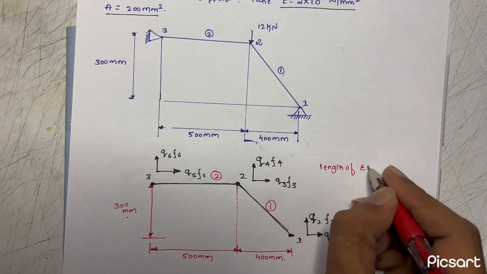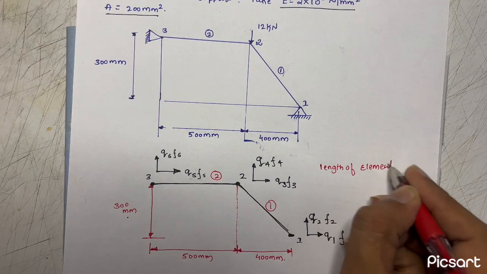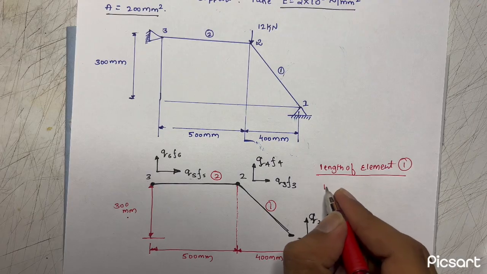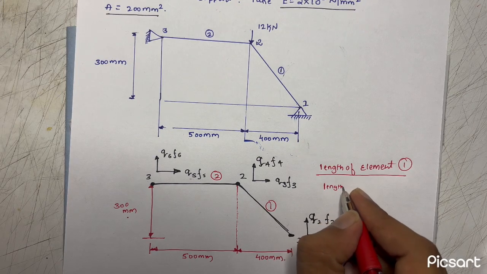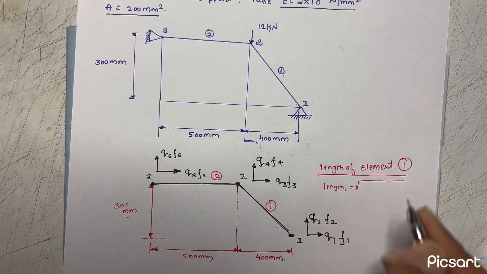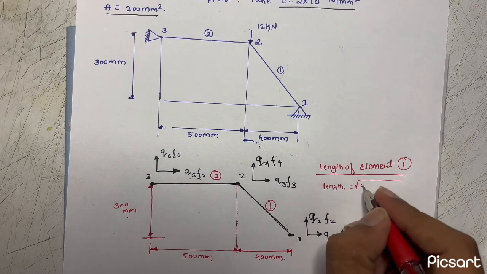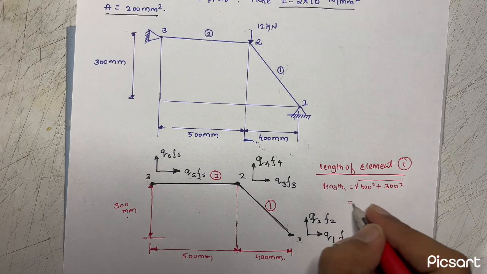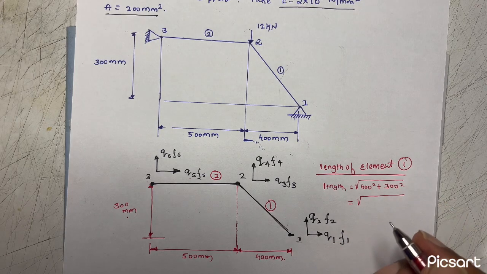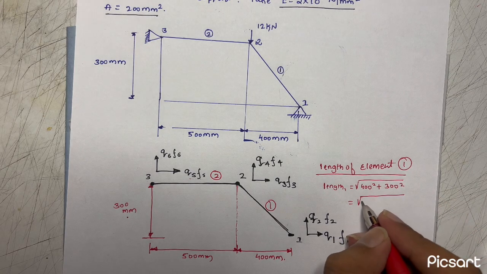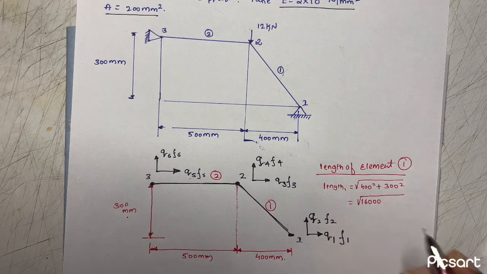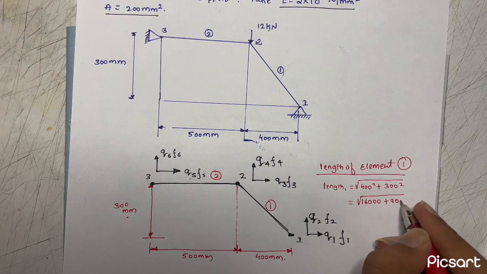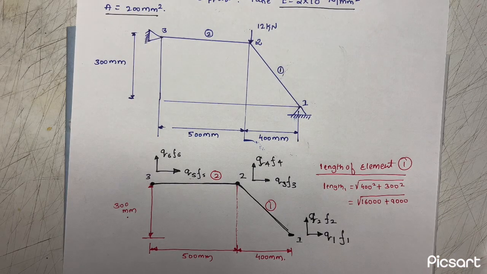Length 1 is equal to under root 400 square plus 300 square. 400 square will be 16,000 plus 300 square will be 9,000.